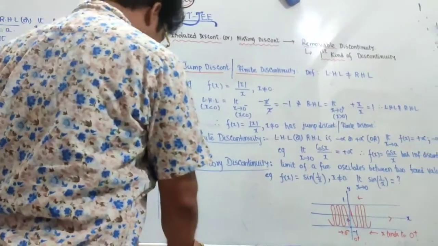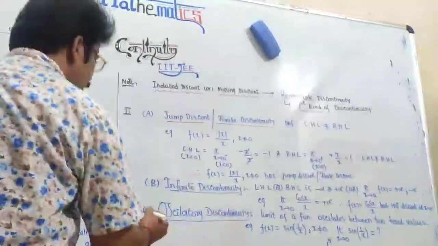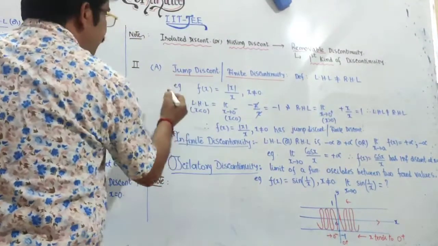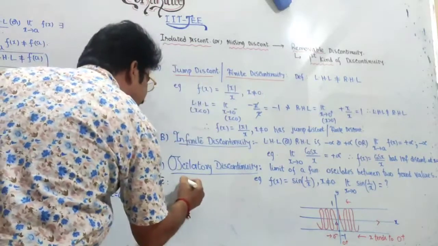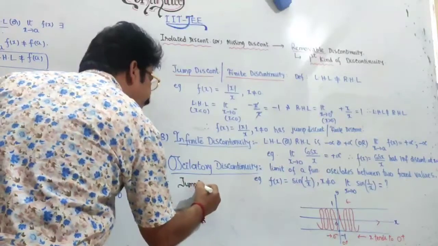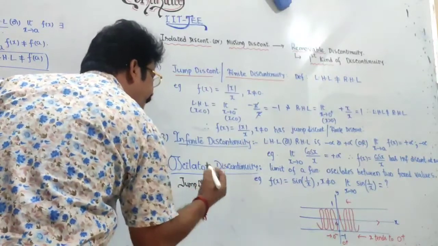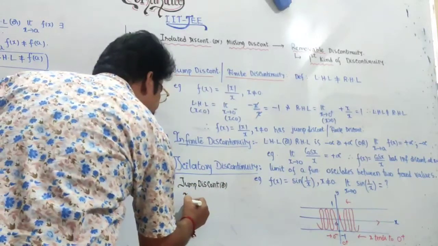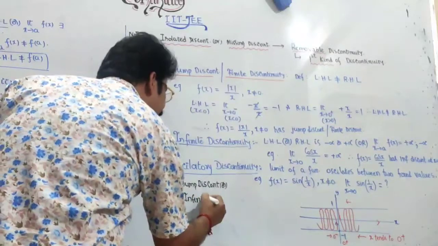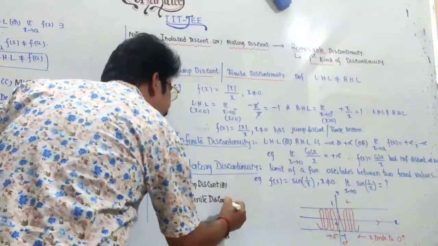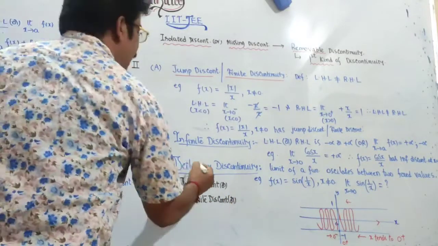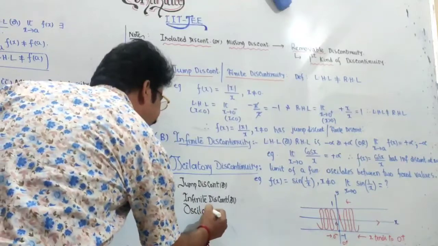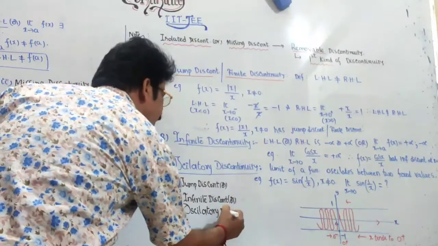Over. So therefore, the inference, a very, very important note: number one, jump discontinuity, or infinite discontinuity, or oscillatory discontinuity.